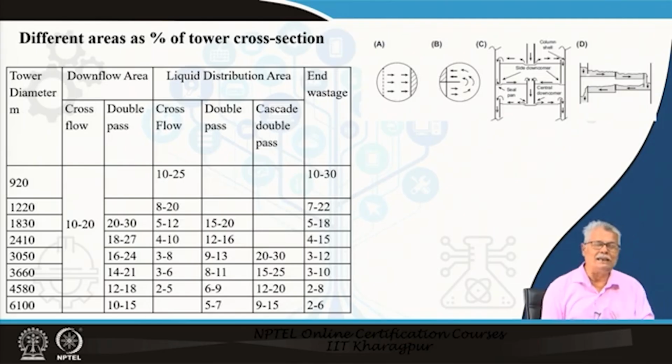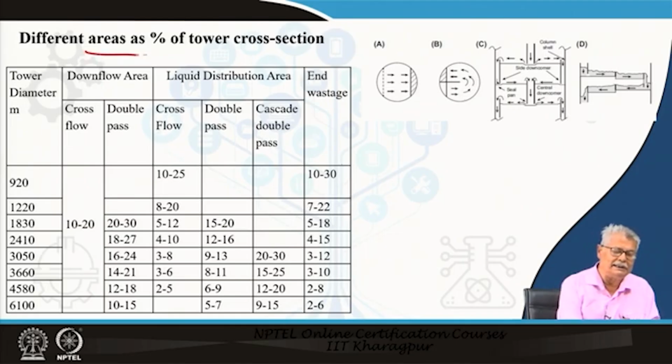Now, depending on the type of configuration that we have chosen, there are certain guidelines about the different areas as a percentage of the total tower cross section, which is pi by 4 into capital D squared. This is just a table to give you an idea, and you should have a look at these and have an idea about the standard typical tower dimensions, which is here.